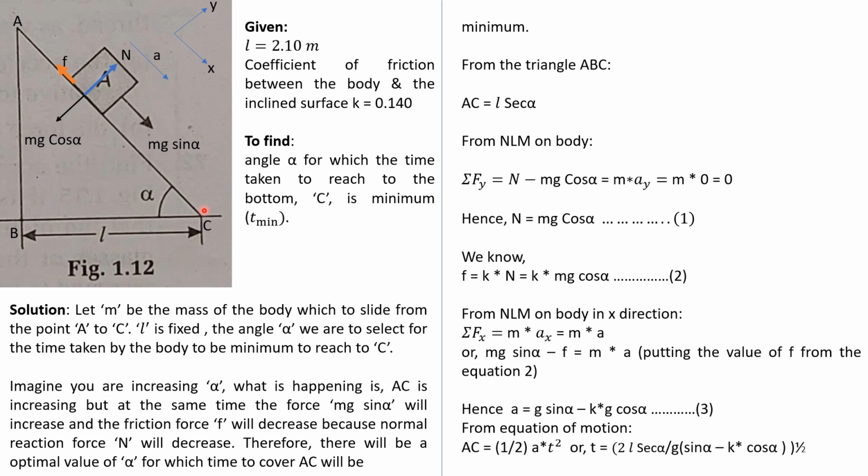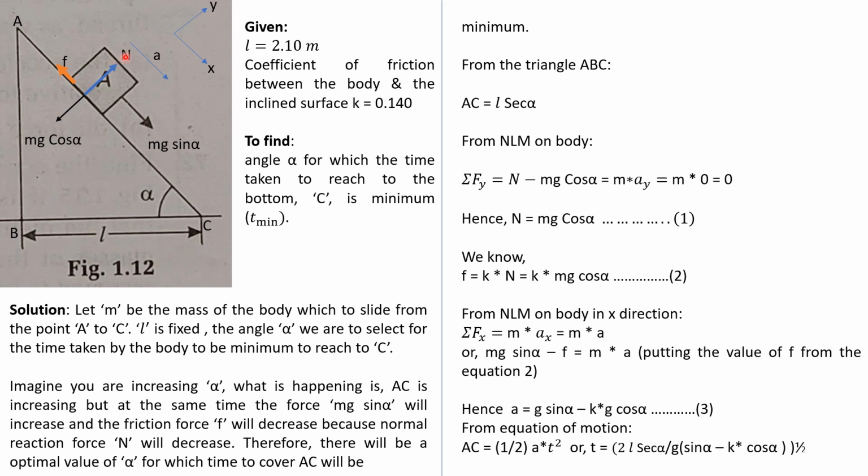At the same time, when alpha increases, sine alpha will increase, meaning the gravitational pull along the inclined plane will be increasing. But the gravitational pull perpendicular to the inclined surface depends on cos alpha. So with alpha increasing, cos alpha will decrease, so this force will decrease.